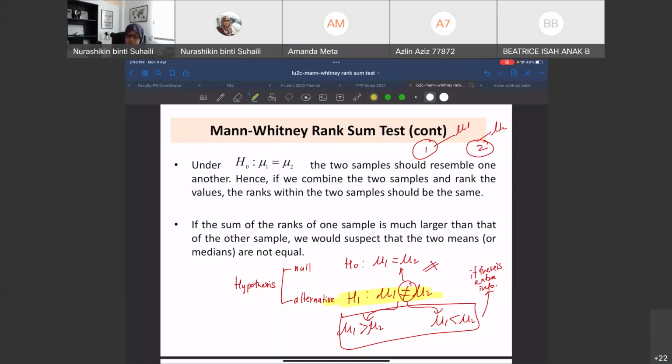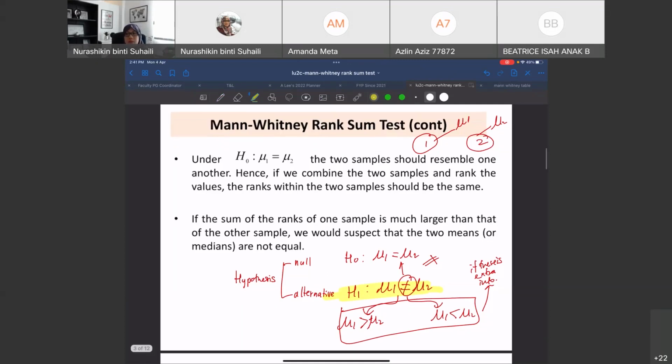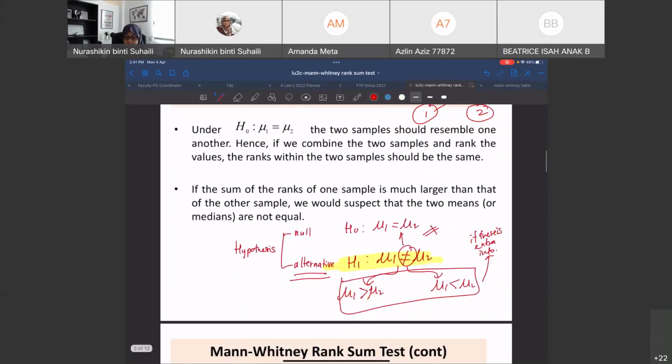The construction of the alternative hypothesis is very important because that will determine the parameter of U that you will calculate and decide later. We'll go through the steps. It's similar to the Wilcoxon signed rank test as well. The alternative hypothesis will determine the value of the things that you want to compare during the steps.